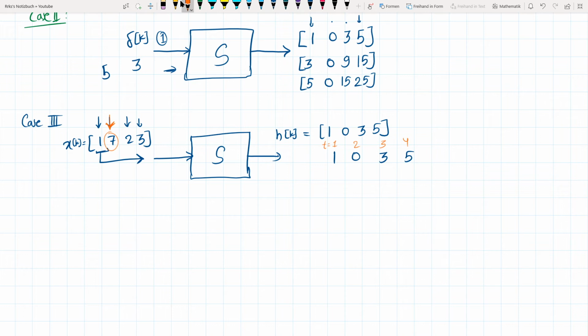But it will be 1 second later, because you are feeding the signal at time t equals to 2, not time t equals to 1. So you'll have 7 times 1 would be 7, 7 times 0 would be 0, 7 times 3 would be 21, and 7 times 5 would be 35.